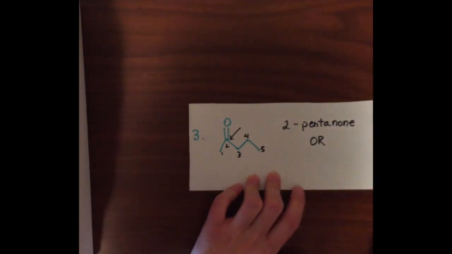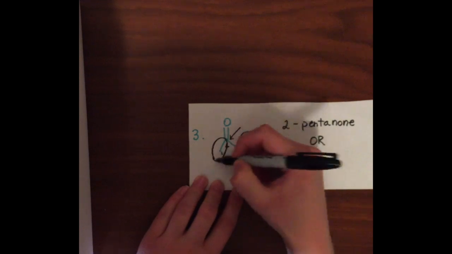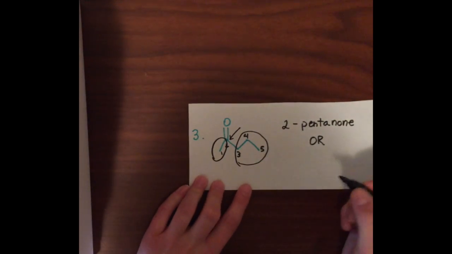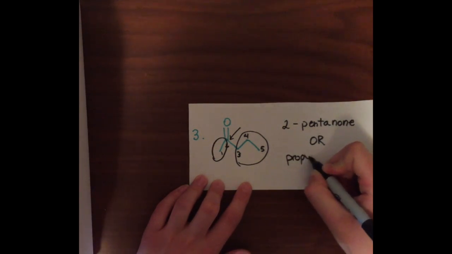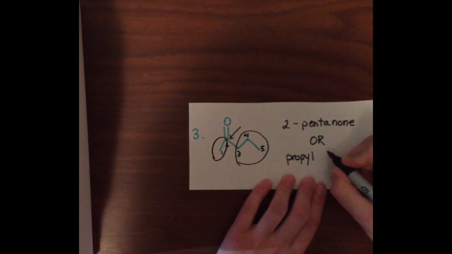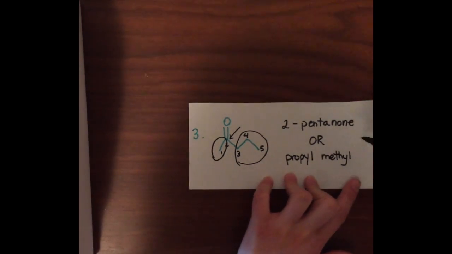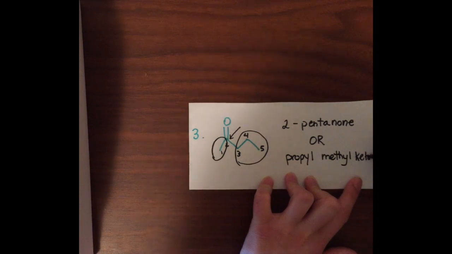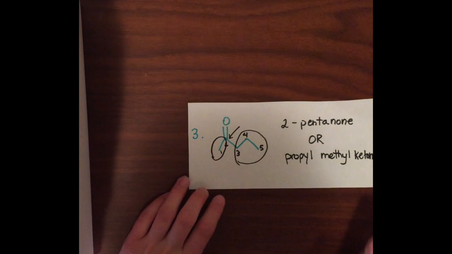Or a more traditional way is to recognize that there's a group of 3 carbons here and a methyl there. So we can also name this propyl for the 3 carbons, methyl for the 1 carbon, and ketone for the carbonyl group. So that's propyl methyl ketone.